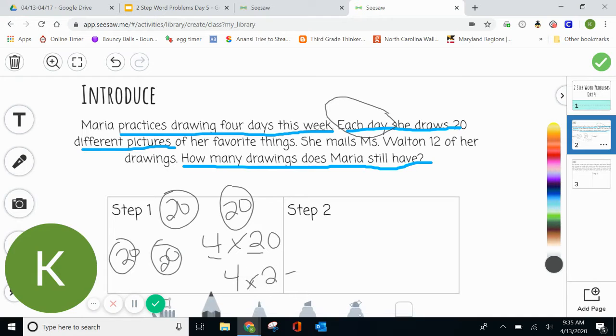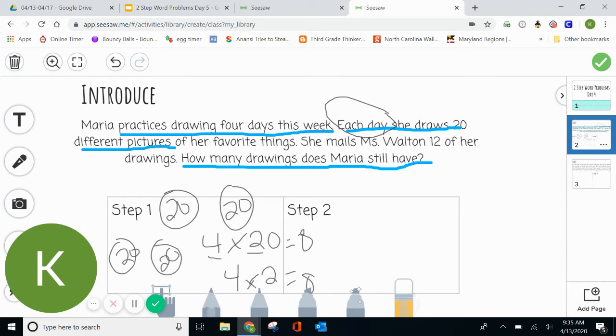I know I can do 4 times 2. 4 times 2 equals 8, which means I'm just moving up in place value. 4 times 20 must be, let's fix that, 4 times 20 must be 80. Finally, if I wasn't 100% sure, I could count my model here. 20, 40, 60, 80. So I know she's drawn 80 different pictures.